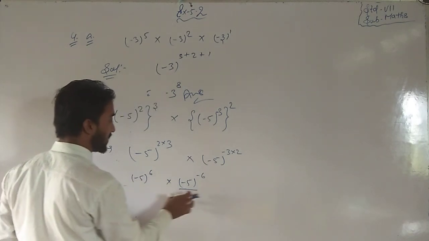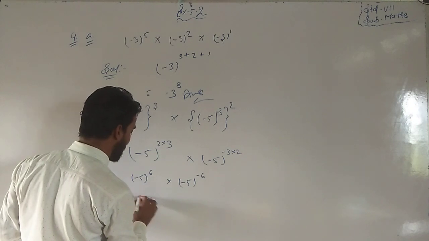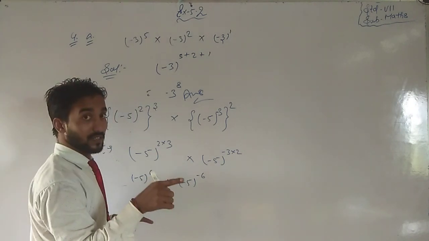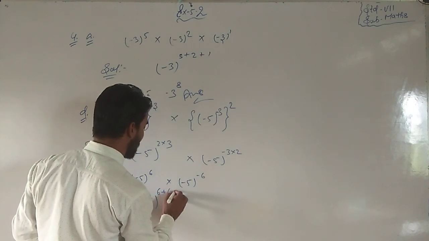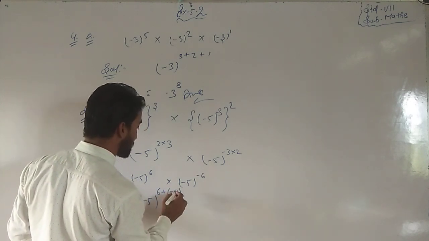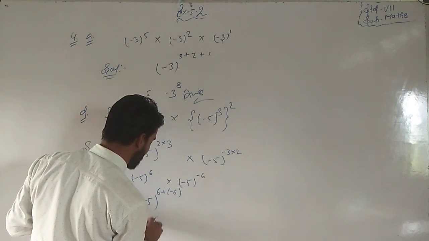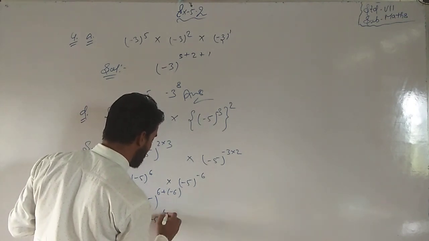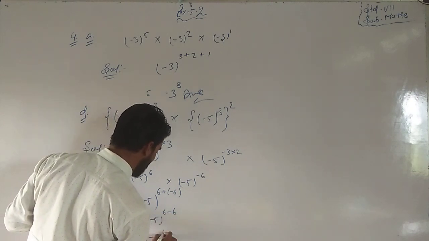What will be done if the base is the same? Simple. We can add the powers. So 6 plus minus 6. What will be the answer? (-5)^(6 plus minus 6). It means (-5)^0.